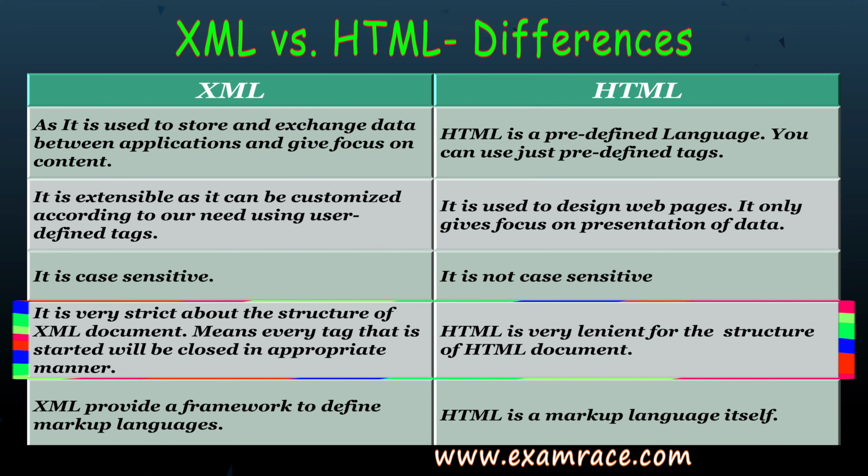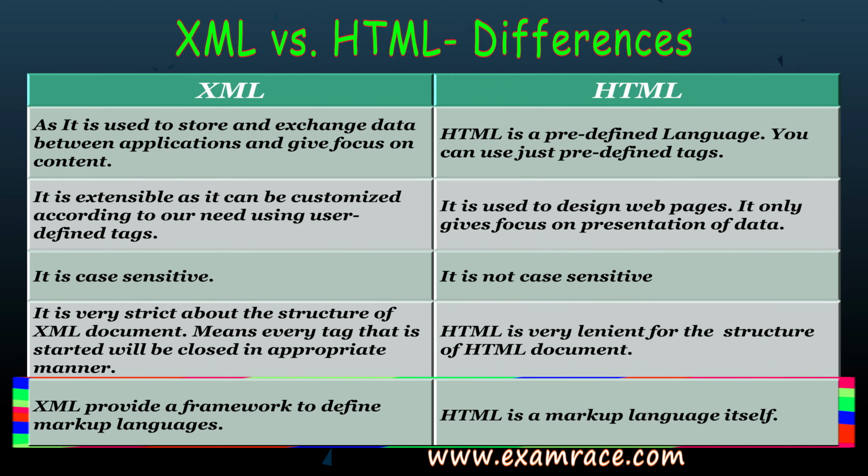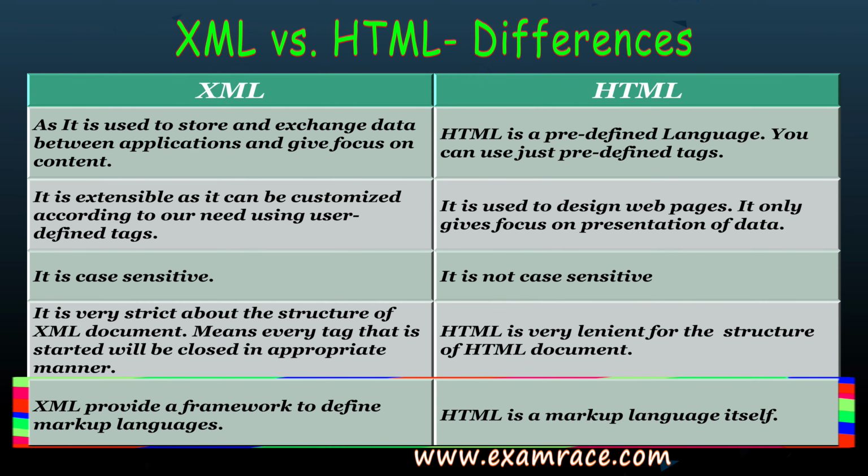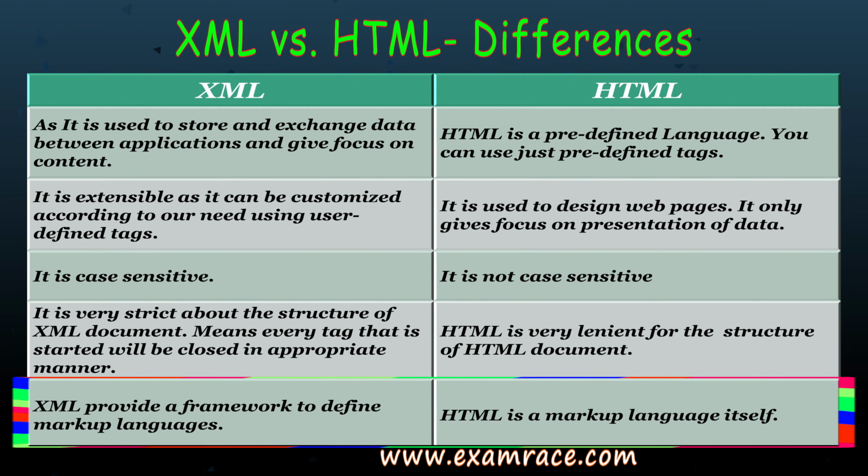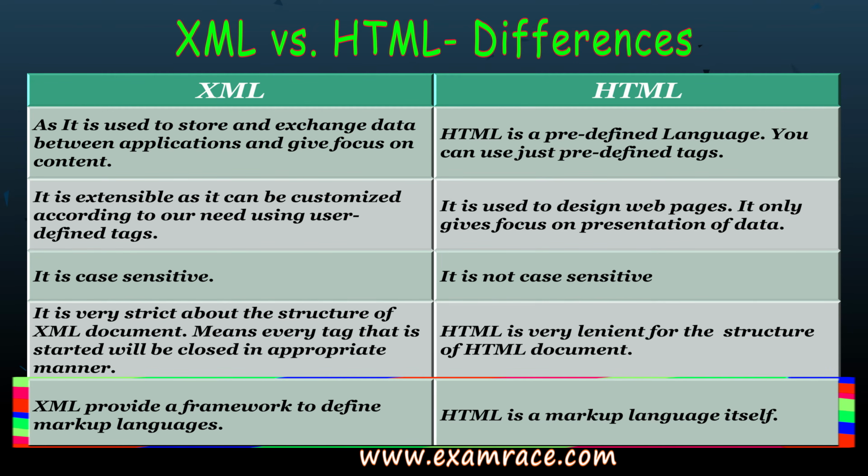Then the last point: XML provides a framework to define markup languages. So it provides a kind of platform where it can transport the data. But HTML is itself a markup language. So these are some of the important basic differences between XML and HTML.